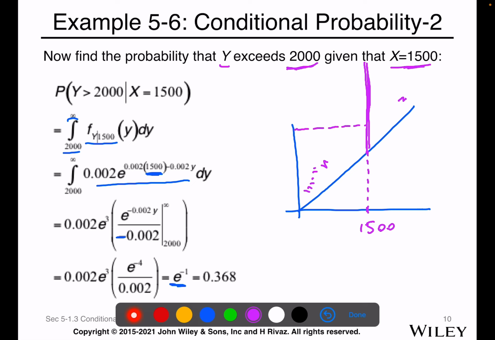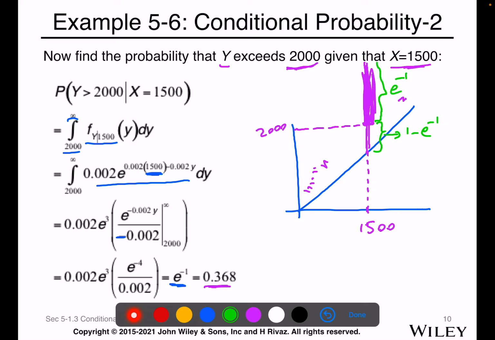So if this is 2,000, I just calculated the probability that I'm on this section of the line. Based on what we calculated, the probability of being in this section of the line is 1 minus e to the minus 1, and the probability of being in this section is e to the minus 1.